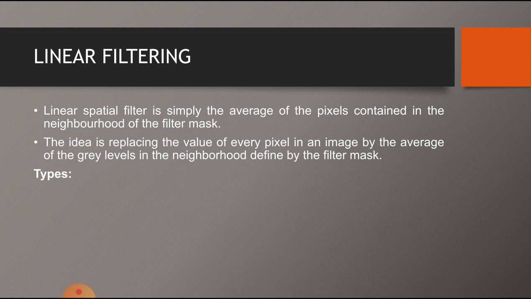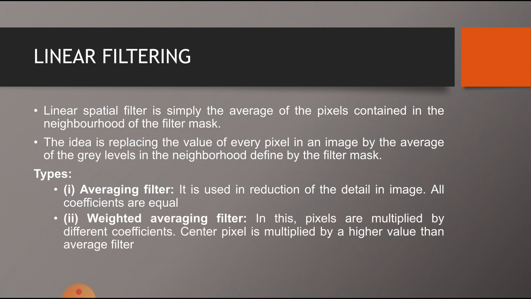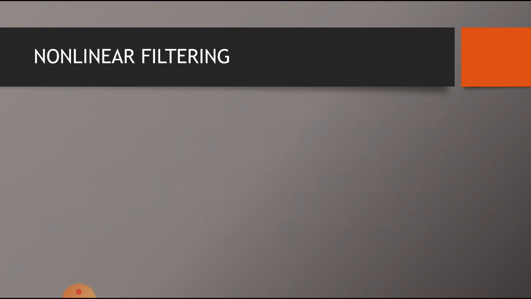There are different types of linear filtering. First one is averaging filtering, where it takes the average of the pixels and then replaces it in the original image. Second one is the weighted average filter. It has different coefficients and the center pixel is multiplied by the higher value.